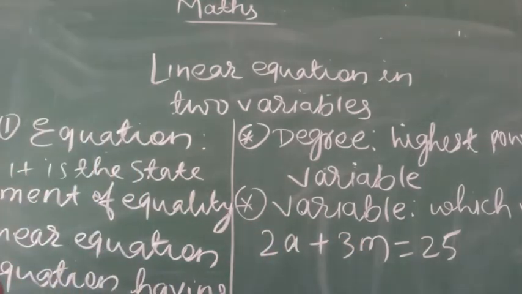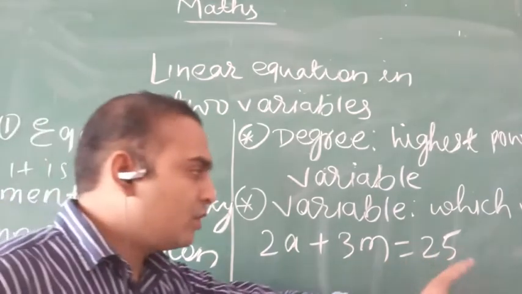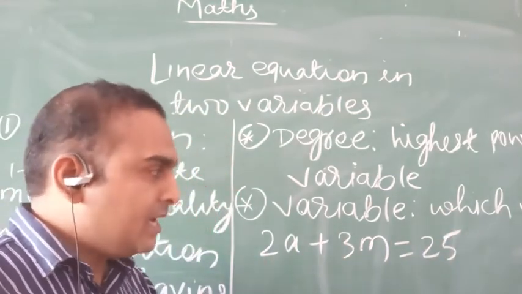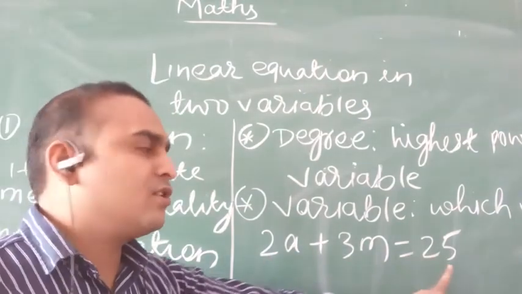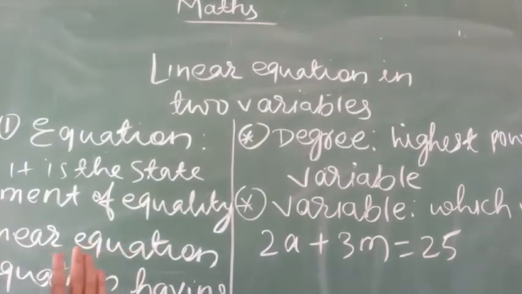But it is constant that for rupees 25 you have to bring only 2 apples and 3 mangoes. That is, 2, 3 and 25 are constants here.